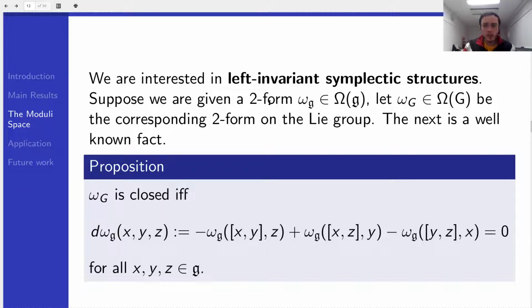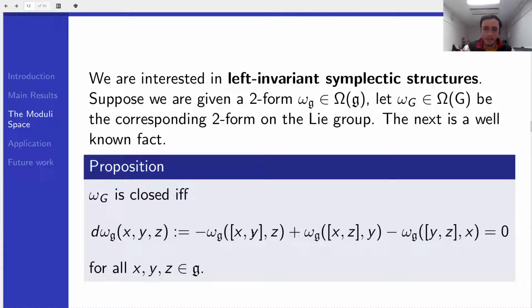If we have a 2-form on the Lie algebra, and the corresponding 2-form on the Lie group, then the 2-form on the Lie group is closed if and only if the 2-form on the Lie algebra has this equal to 0. So this is well known.